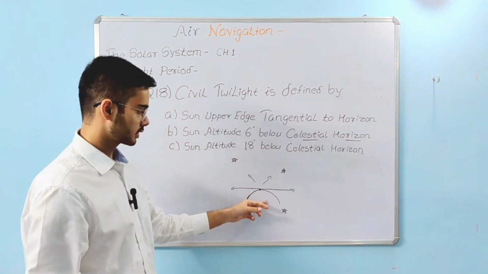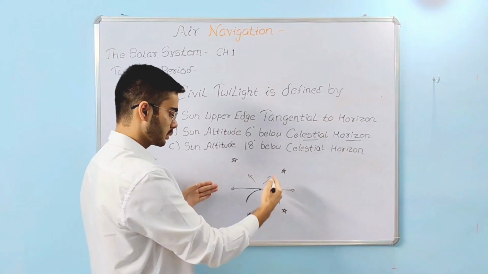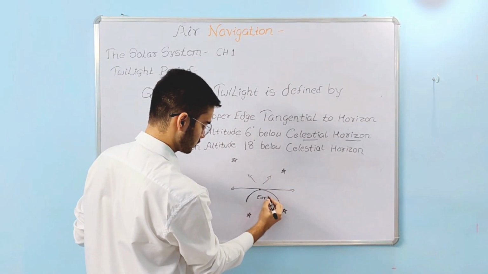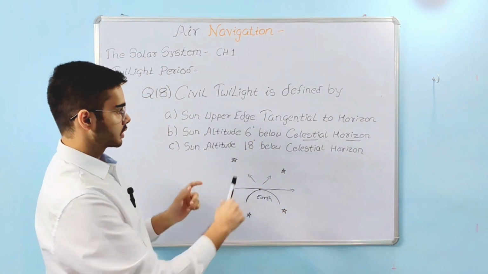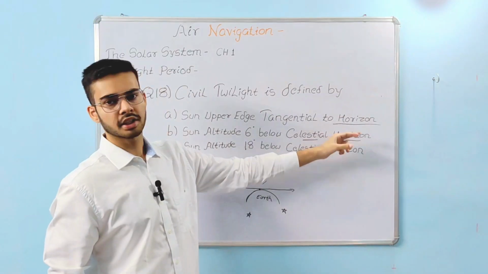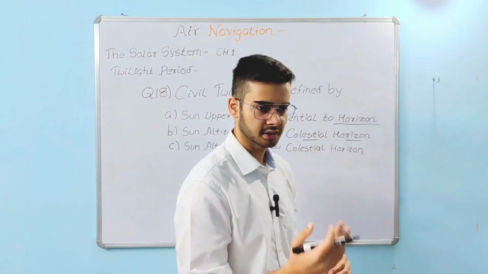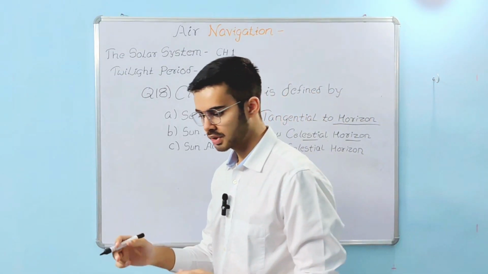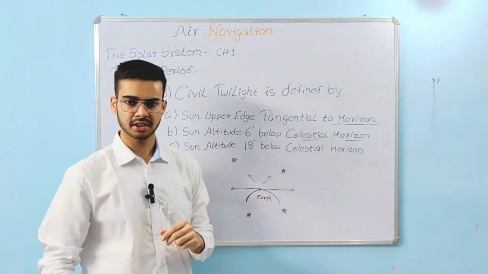This is our Earth. We are standing here, and the outward going horizon will be the celestial horizon. Also, one more issue in the first option: tangential to the horizon, but which kind of horizon? No information. It could be the visible horizon or the sensible horizon. But in the second option, we are able to see the celestial horizon, and it makes perfect sense.